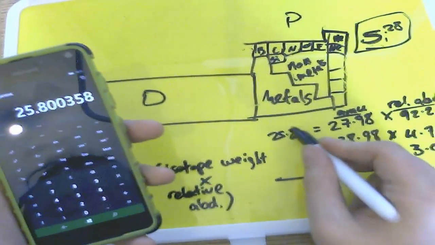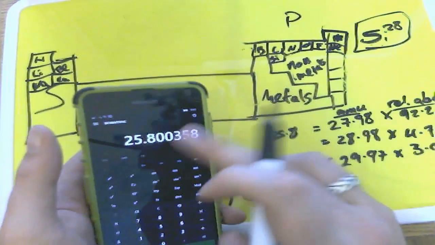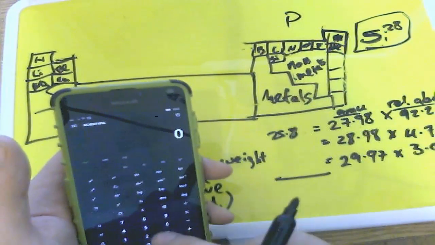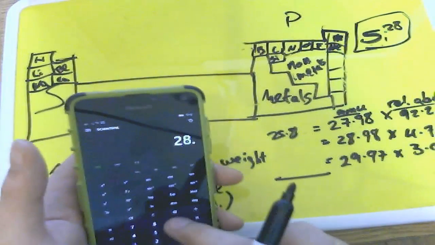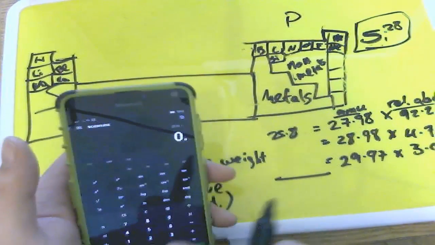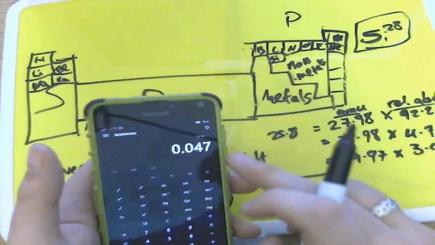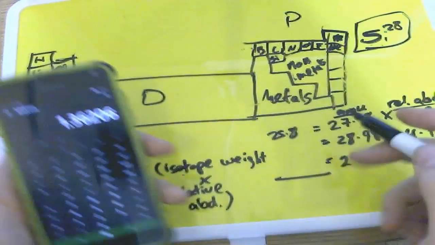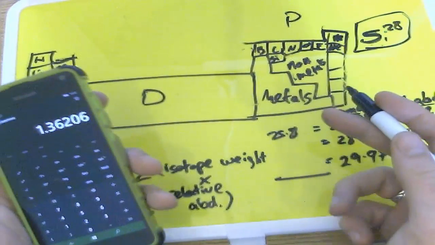You don't have to go down to there. We're just going to round it to 3 decimal places. So that's 28.98 multiplied by 0.047. Gotta be careful when you're using decimal points, because one early or one late, and you're a factor of 10 out.